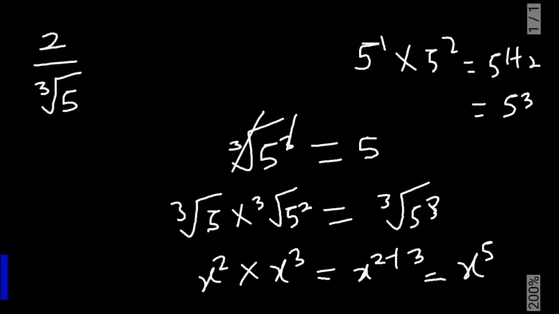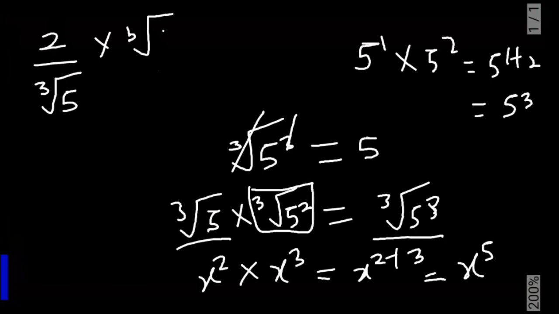So this multiplied by this will give us this. So we multiply by the cube root of 5 squared over the cube root of 5 squared.